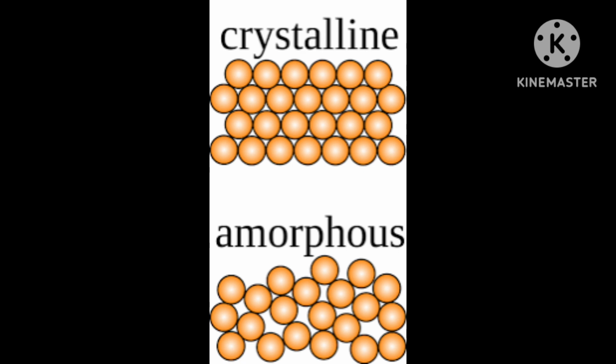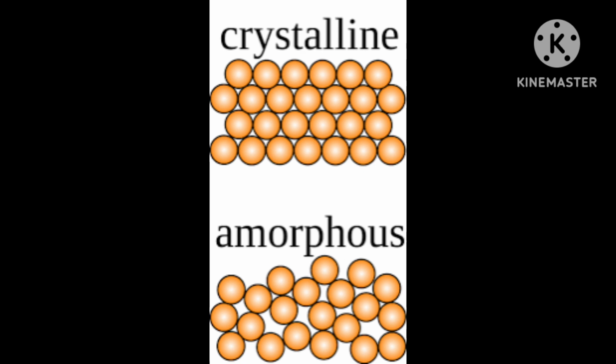These solids are hard and brittle in nature. They have high melting and boiling points. Since the ions are not free to move about because they are solid, here you are studying solid.